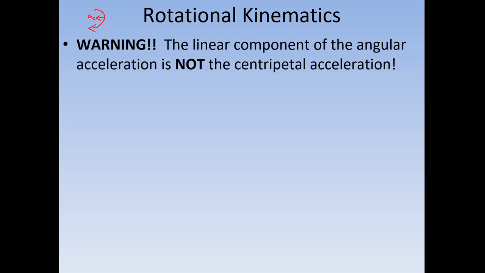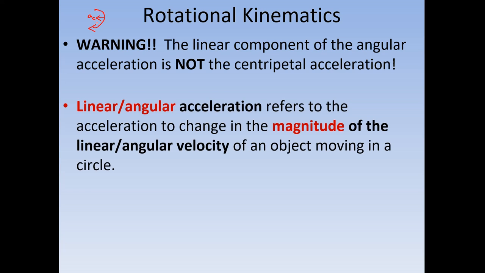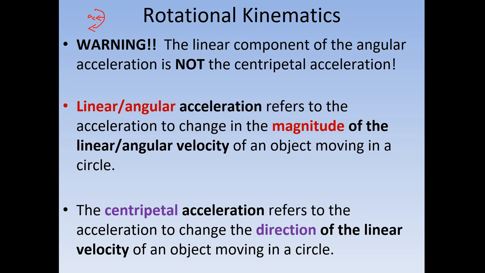This centripetal acceleration is what causes the object to move in a circle. Angular acceleration and its linear component is not the same thing as this, because this is referring to how the magnitude of the velocity and the angular velocity change. The centripetal acceleration is actually referring to how the direction changes.